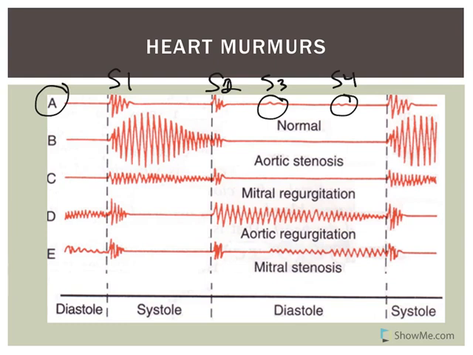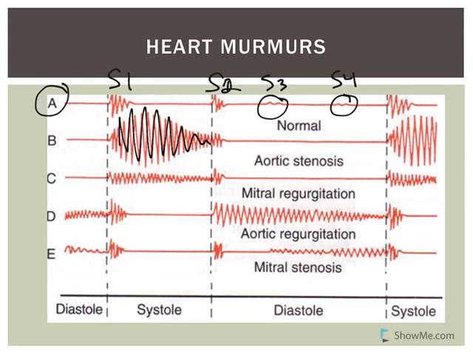So when we look at heart murmurs, we can classify them as being systolic or diastolic murmurs, just by looking at the picture where you see all these lines. These are sounds.